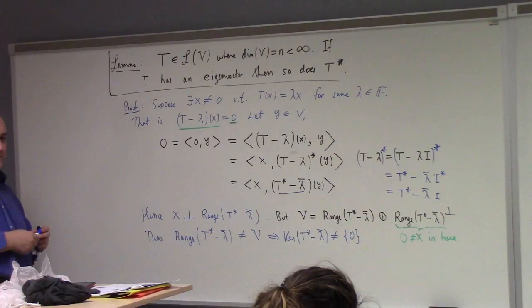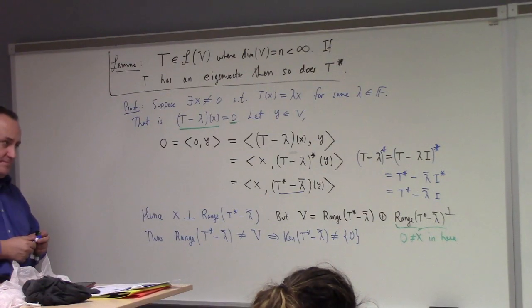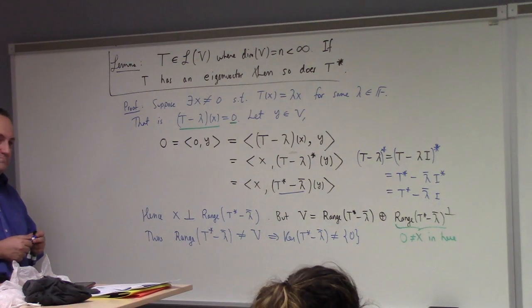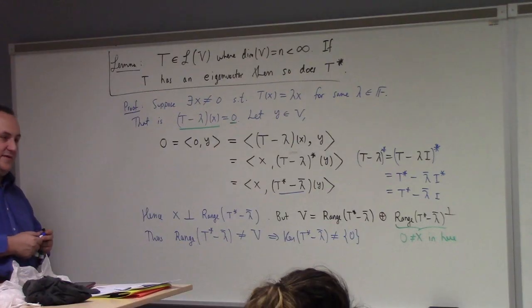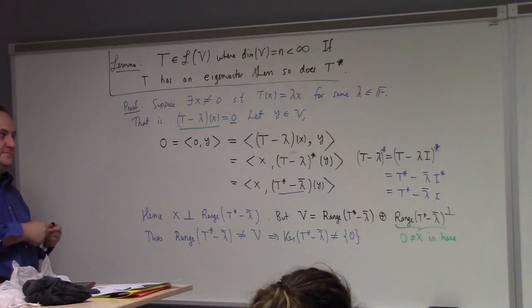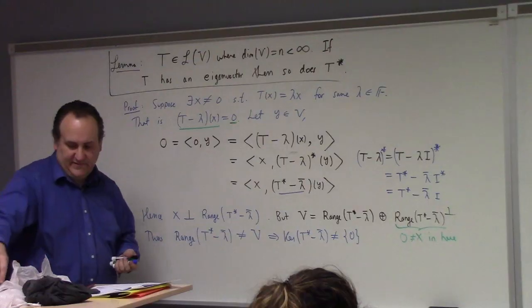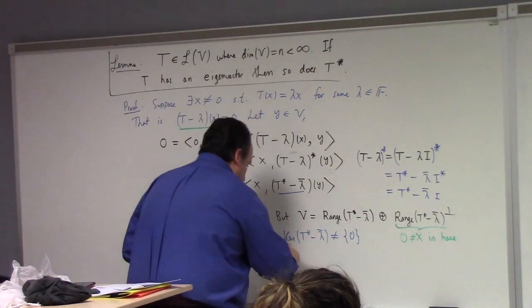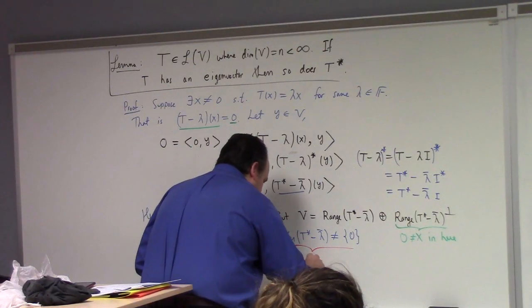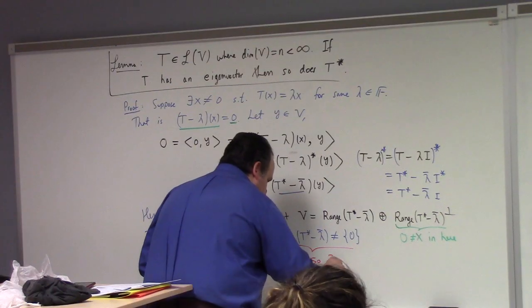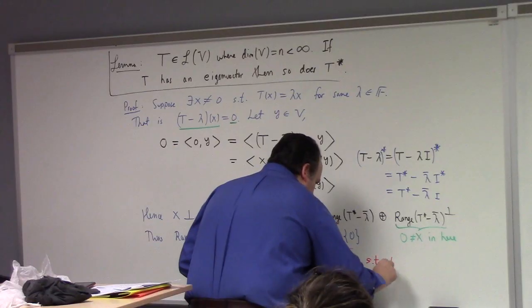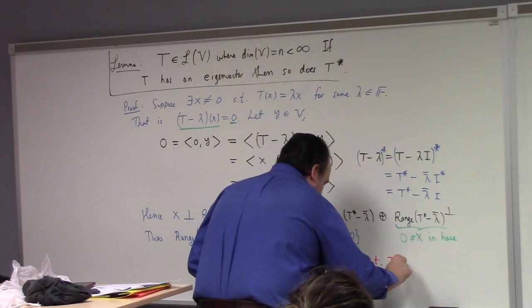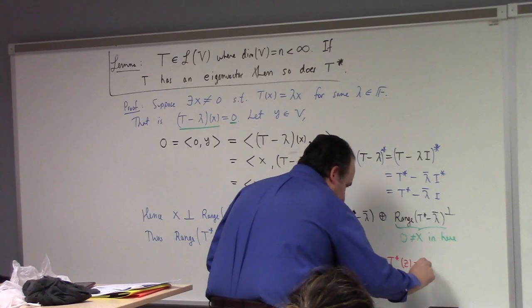Because we know the dimension of the range plus the dimension of the kernel must be the dimension of V. So it follows that the kernel of T star minus lambda bar is not equal to 0. What does that mean, though? That's just a fancy way of saying there exists Z not equal to 0 such that T star of Z is equal to lambda bar Z, right?